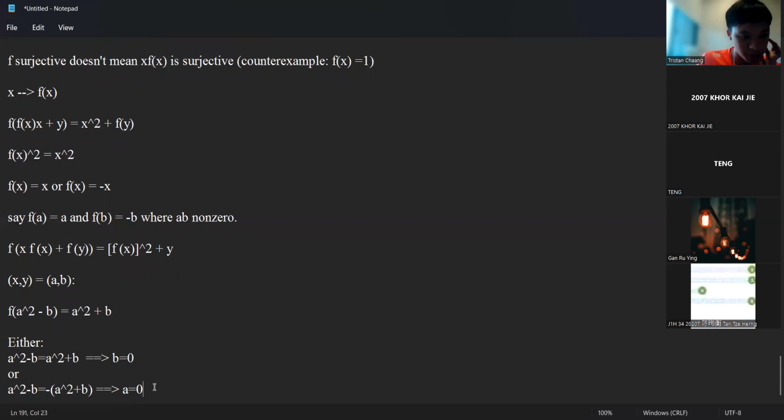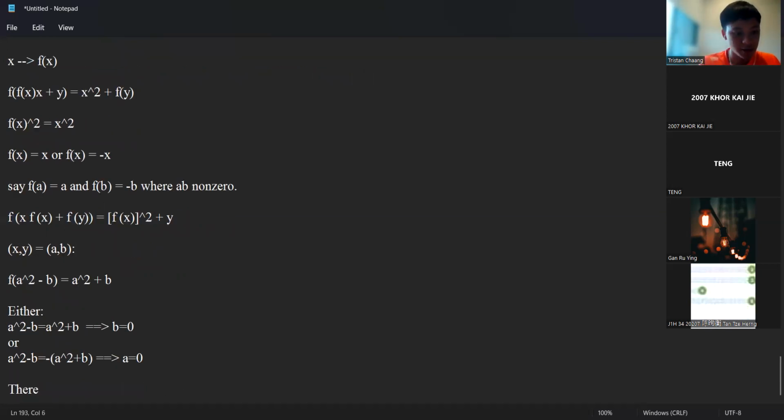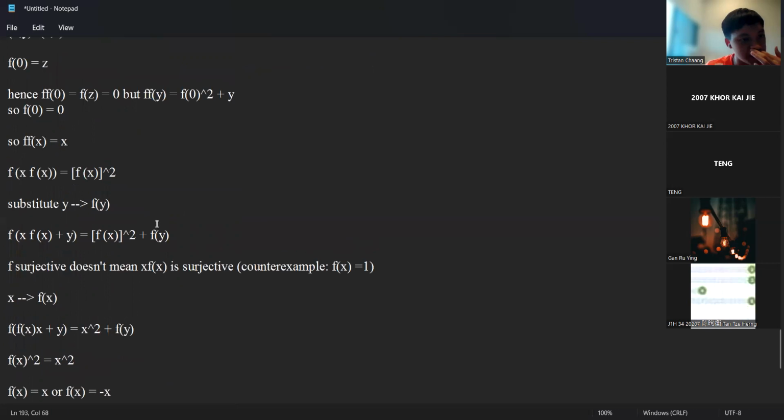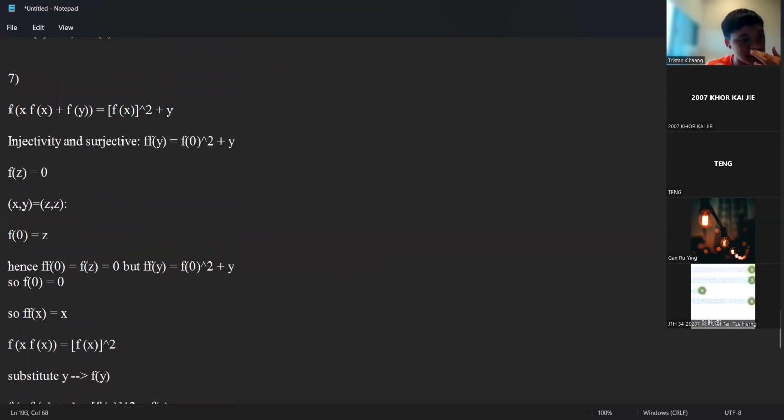And hence we are done. Therefore, either all x satisfies f(x) equals x, or all x satisfies f(x) equals minus x. Of course, you have to check, but I'll just leave that job to you. Quite a simple thing to check.